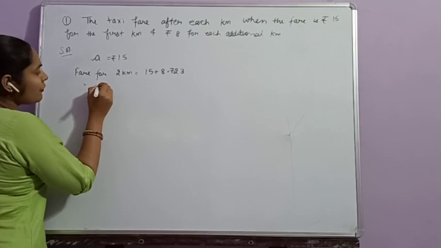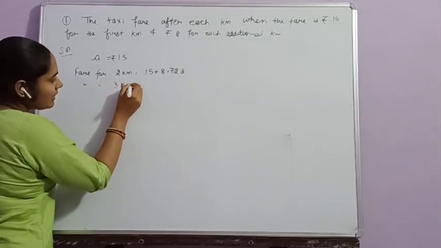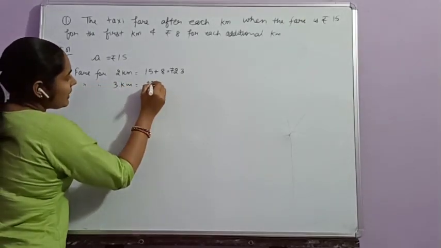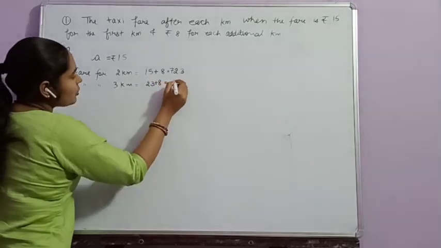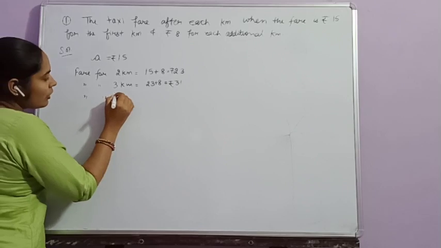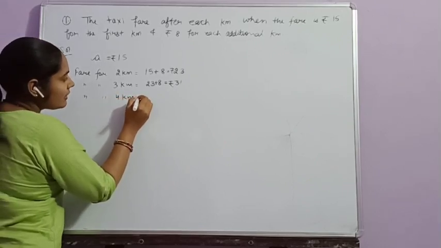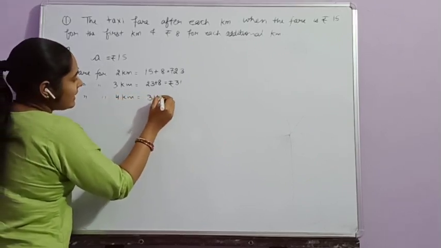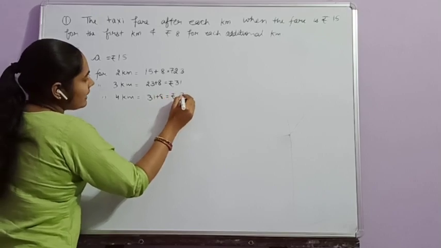Similarly, fare for 3 kilometer will be 23 plus 8, that is equal to 31 rupees. Similarly, fare for 4 kilometer will be 31 plus 8, that is equal to 39 rupees.